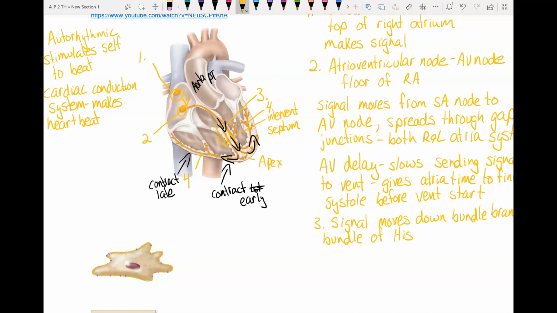Then you send it down the bundle of His, which goes down the interventricular septum toward the apex. You get to the apex, you do a U-turn, you go up the sides of the ventricles and the Purkinje fibers. That's when it spreads through the gap junctions in the ventricles. The ventricles contract, but they begin their contraction at the apex and the contraction moves up, like squeezing a tube of toothpaste from the bottom up.